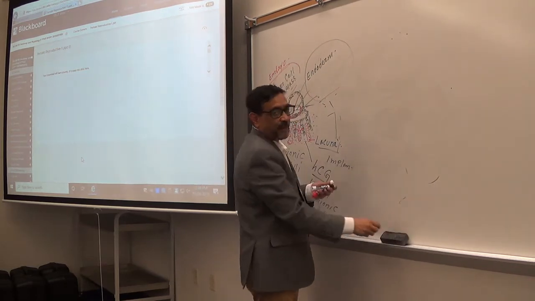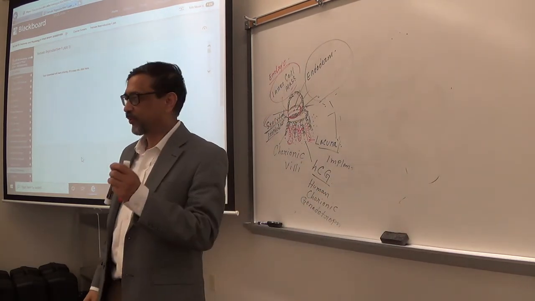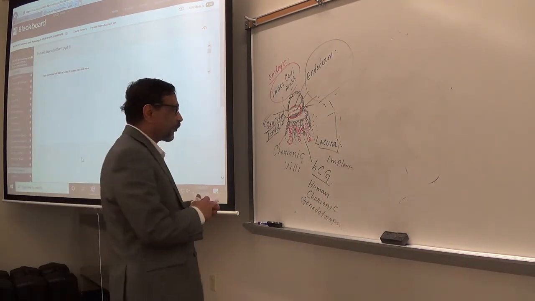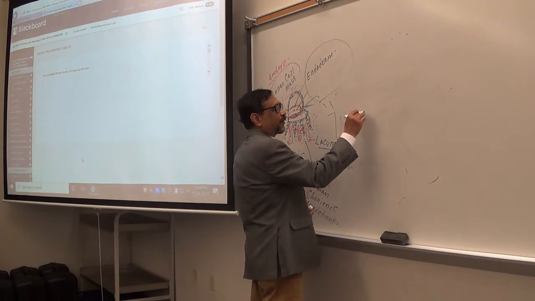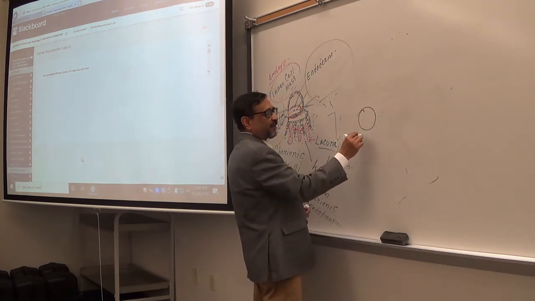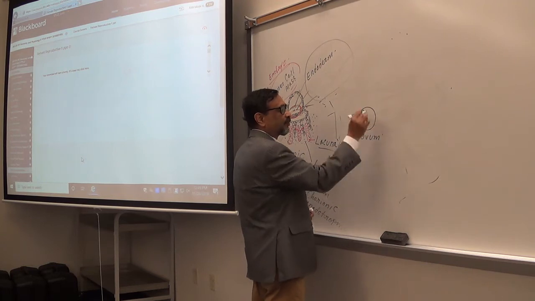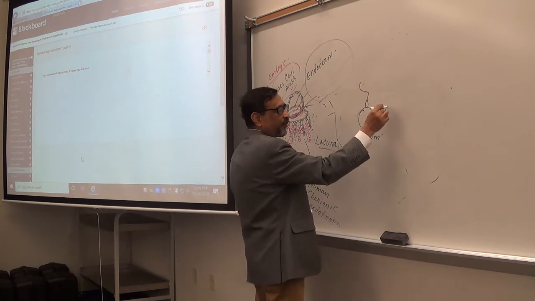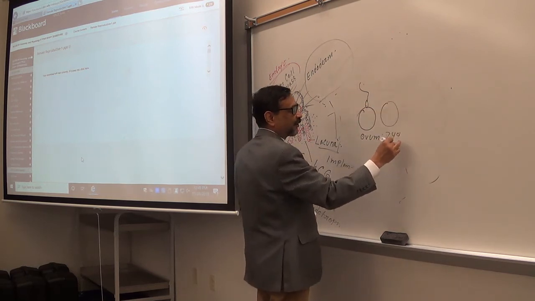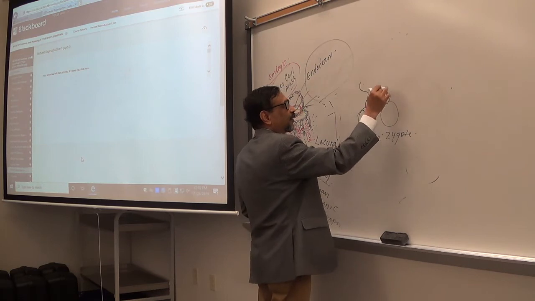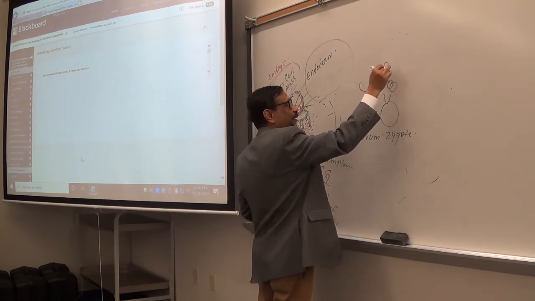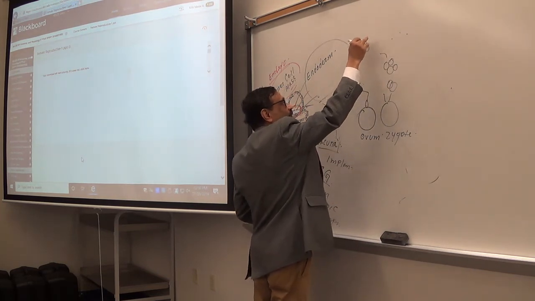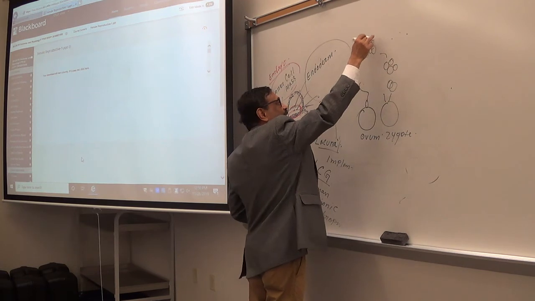Have you heard of twins, monozygotic and dizygotic twins? Okay. So this is the ovum, this is the sperm. After fertilization, you remember zygote, then blastocyst, blastomeres, then morula, a solid ball, right?